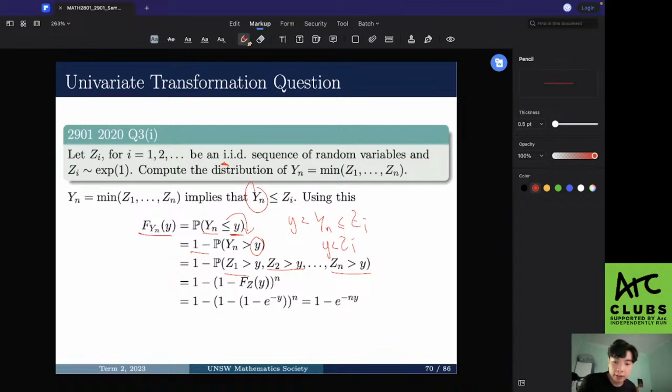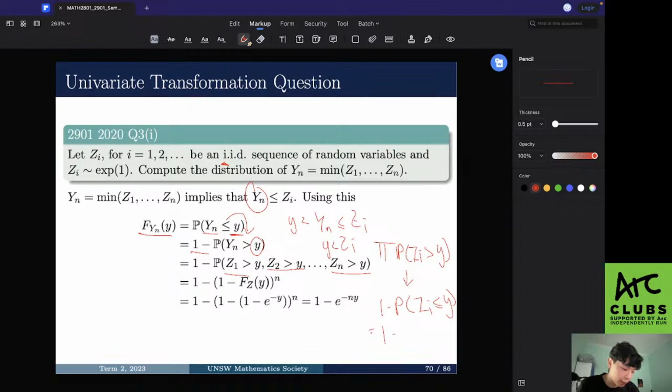If it's independent, that means the probabilities of each z1, z2, all the way to zn are not affecting each other, which is why this is actually equivalent to the product of the probabilities with zi greater than y. And then what we find is that this is equivalent to 1 minus the probability of zi being less than y.